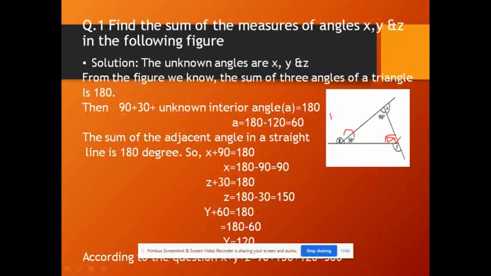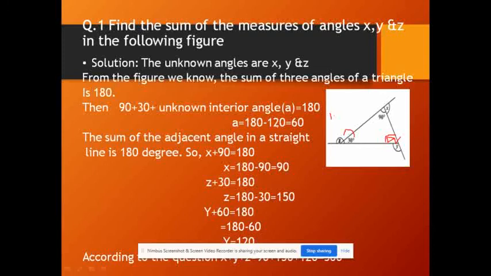So 90 degrees plus 30 degrees plus the unknown interior angle A is equal to 180 degrees. Then A is equal to 180 minus 120, since 90 plus 30 is 120. Then the value of A is 60.